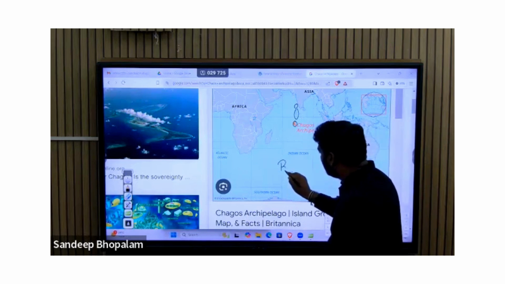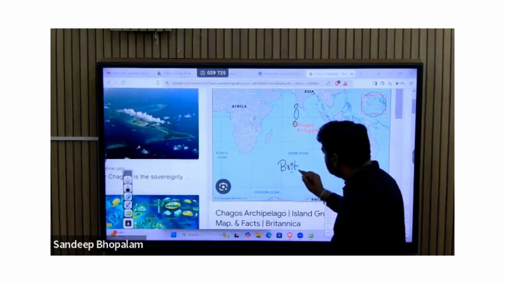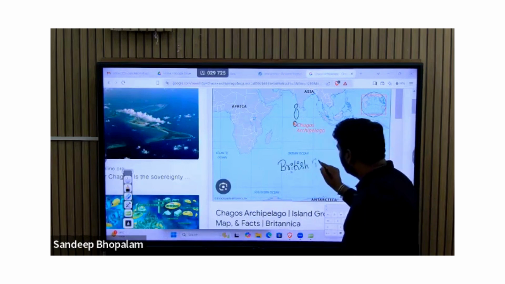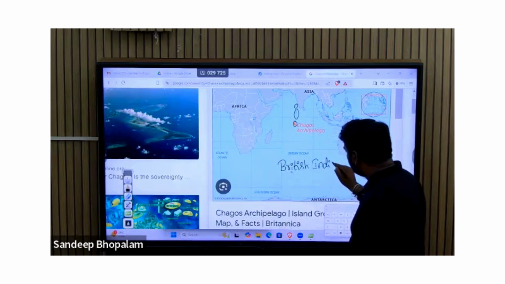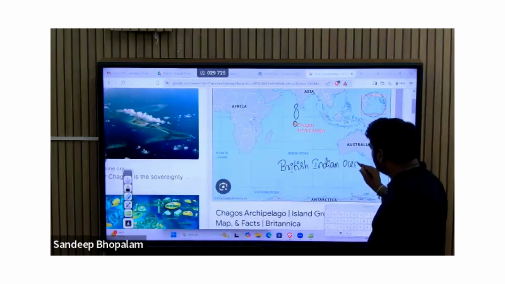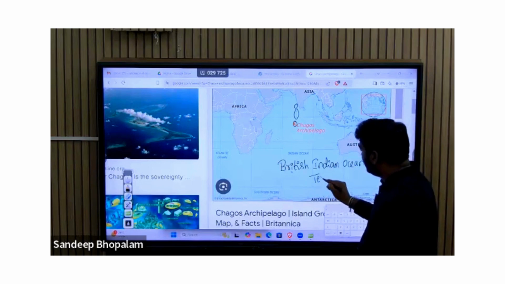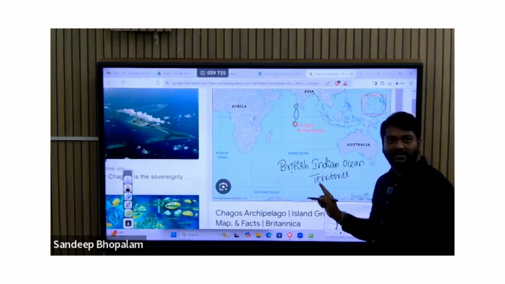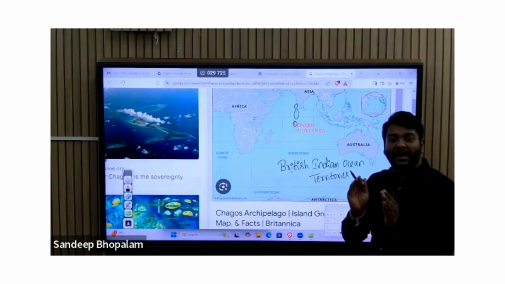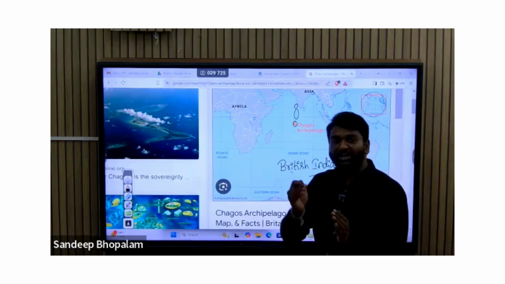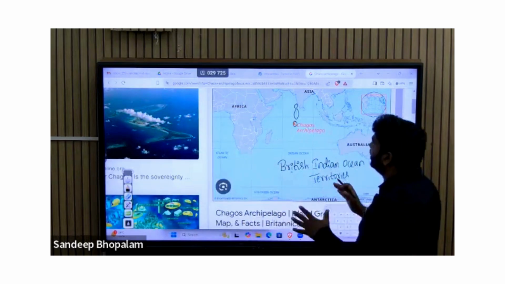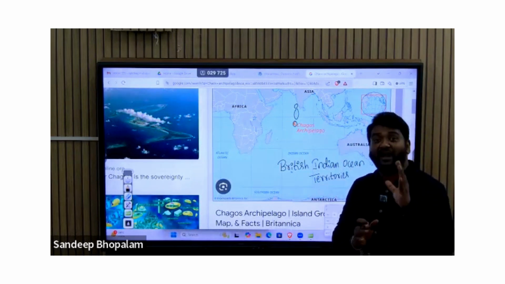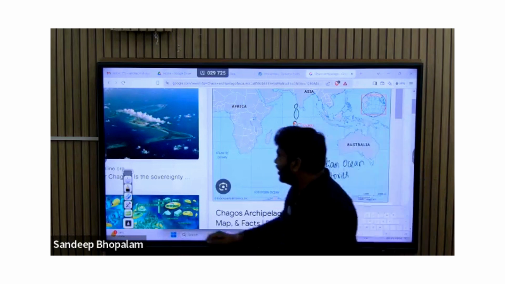And earlier in these areas, any islands which are there, we call them British Indian Ocean Territories. Okay, it is basically known as BIOT, British Indian Ocean Territories.